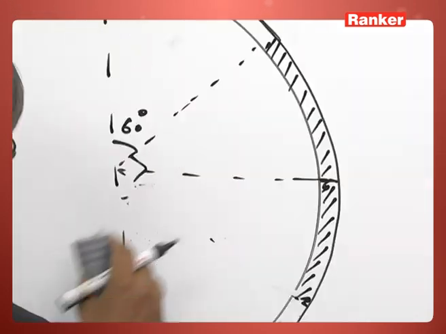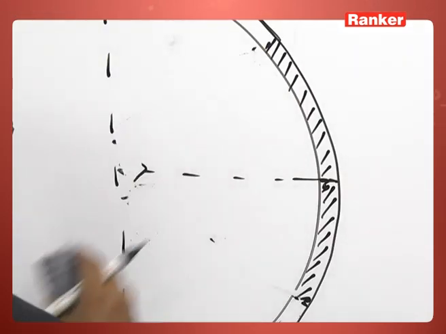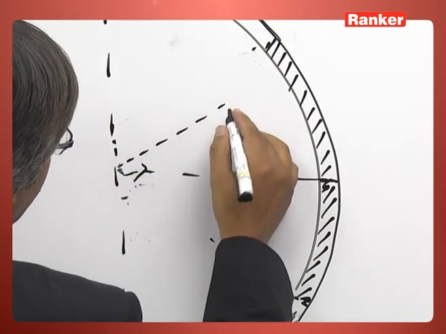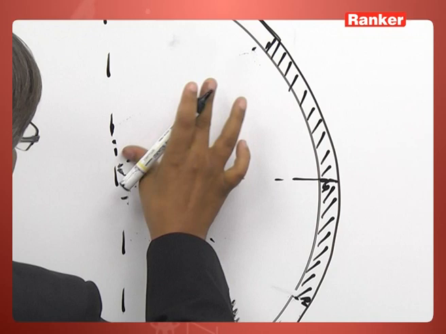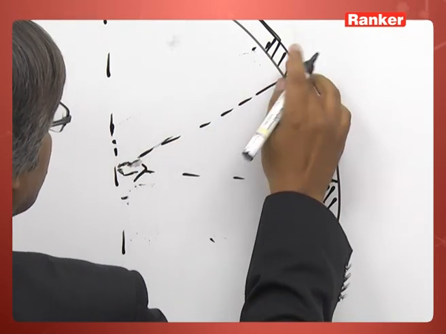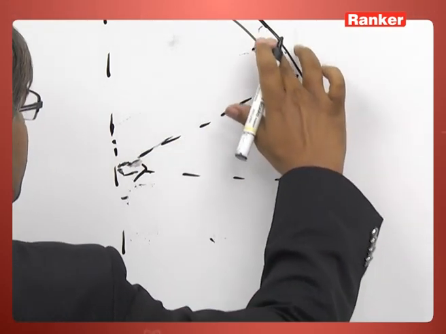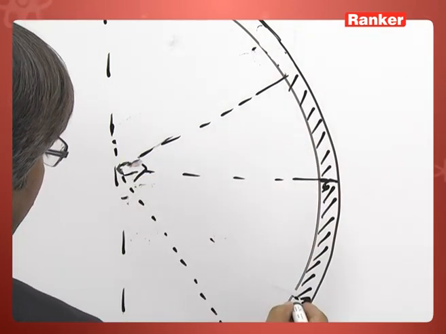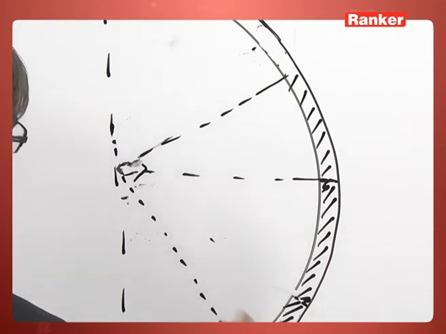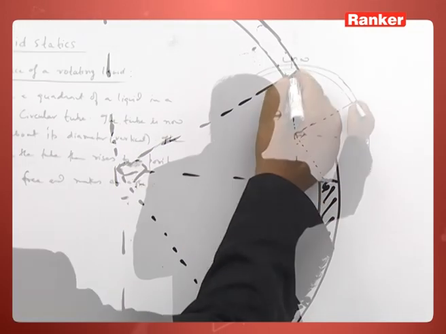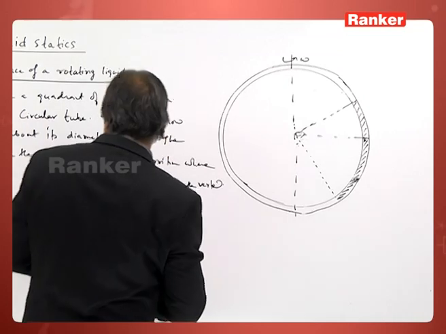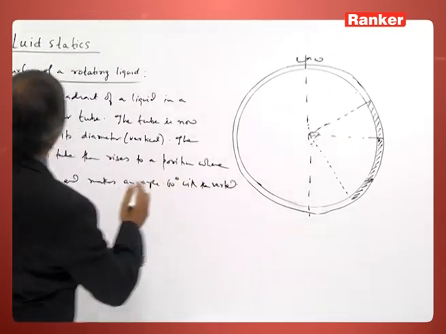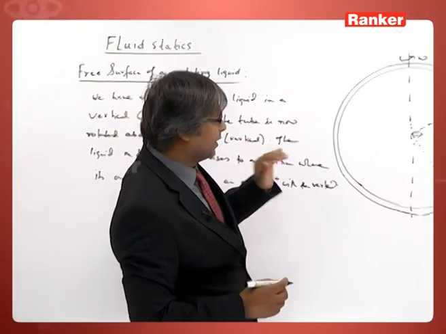This is 60, meaning it will be very near to this position, and you see it's 90, meaning nearly it is like this. So, we have the liquid column at this position. Now, the idea of using the free surface of a rotating liquid is here.